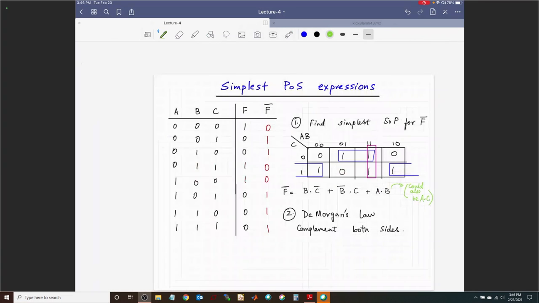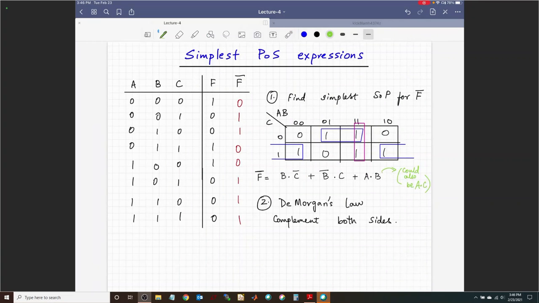Now, if I want to use De Morgan's law, and I would need to use it once I start complementing both sides, let's try to take a look at what it would translate to.